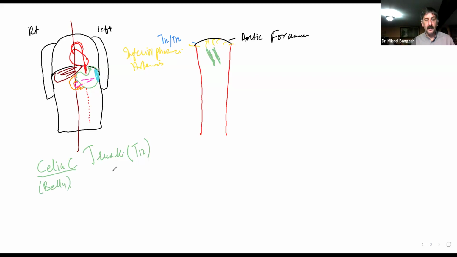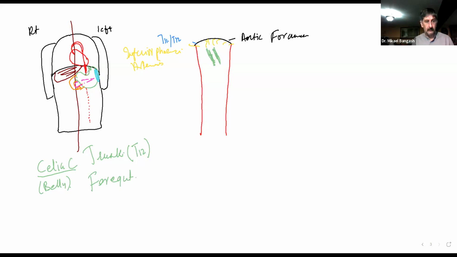Now, what I already just said was that this artery is mainly going to be responsible for supplying blood to what we call the foregut. What was the foregut? Pretty much what I have demonstrated here.